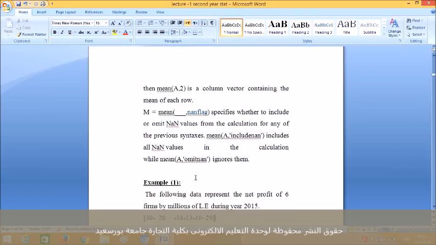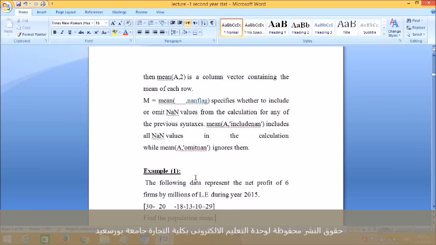Example 1. The following data represent the net profit of 6 firms by millions of Egyptian pounds during the year 2015. These are 6 observations, and we want to compute the mean of all these observations.